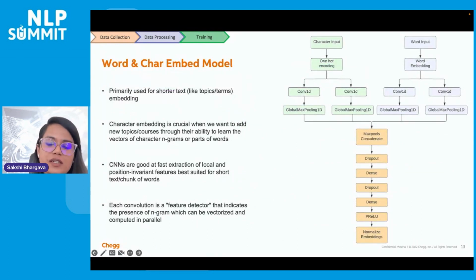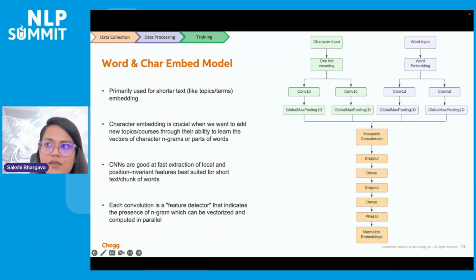Now, as I have mentioned, for the different text inputs, we use two kinds of architectures. First is the word and character embedding model. This, as the name says, takes in both word and character level text input.